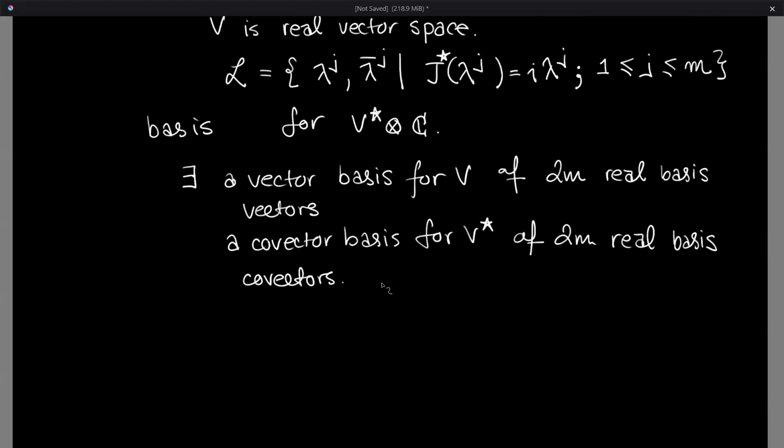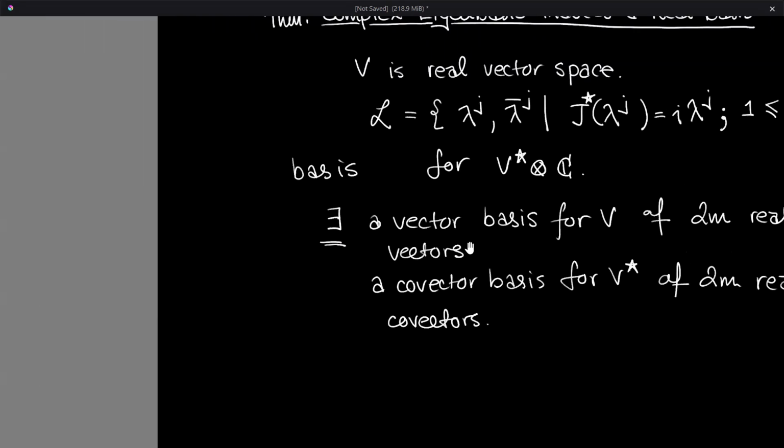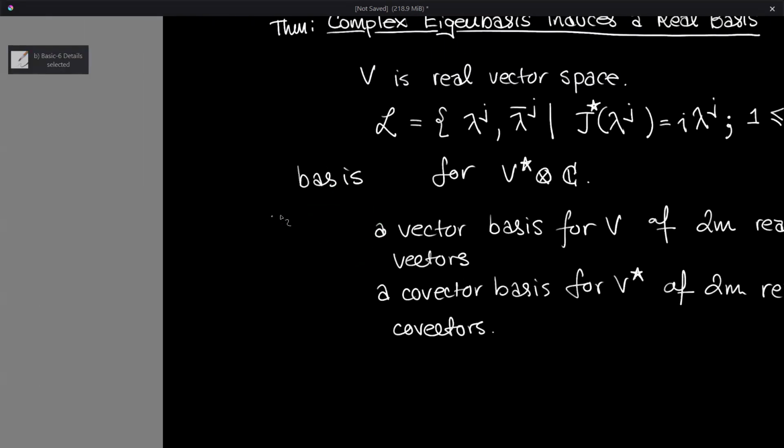Well, we know that V and V star will obviously have bases because they're vector spaces, and as long as we have the axiom of choice, we can always choose a vector basis for them. But what this there exists specifically means is that there exists an induced vector basis.